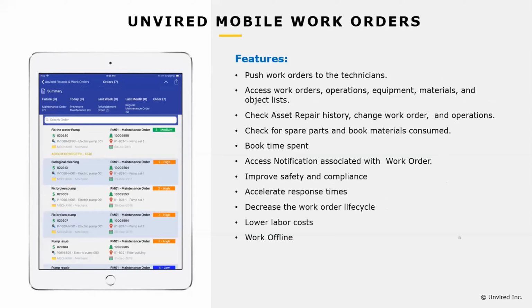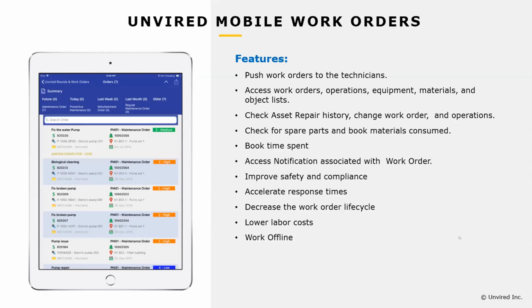Then we have the work orders component of the EAM product, which basically involves the work order processing on the mobile device. Here we have the ability to access all the jobs assigned to the user, all the equipment that need to be inspected, all the documents which are available for that equipment. It could be maintenance manuals, spare parts manuals, operations manuals. All these documents would need to be available offline for the user, because the efficiency of a user in the field is as good as the information that he has to execute his job.